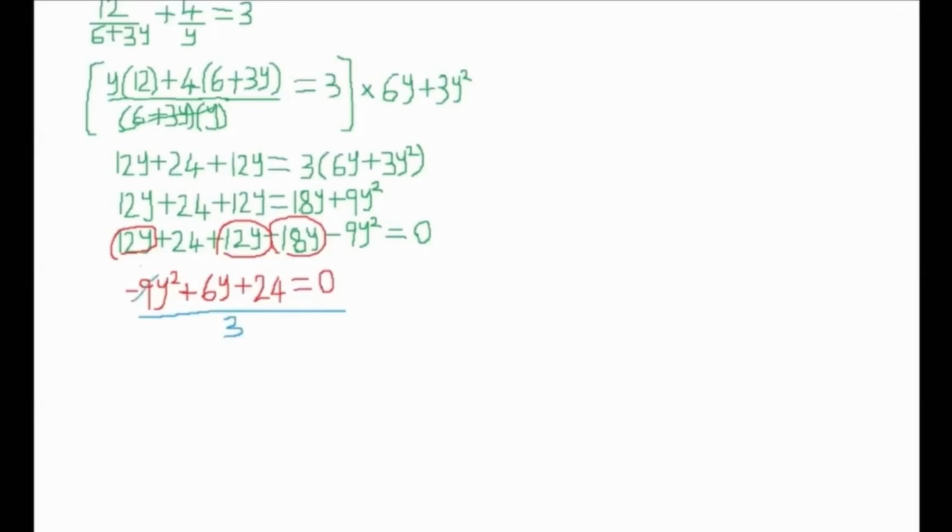And that number we found is positive 3. So 3 into negative 9, it will be negative y squared, and 3 into 6, it will be 2y, and 3 into 24, it will be 8.